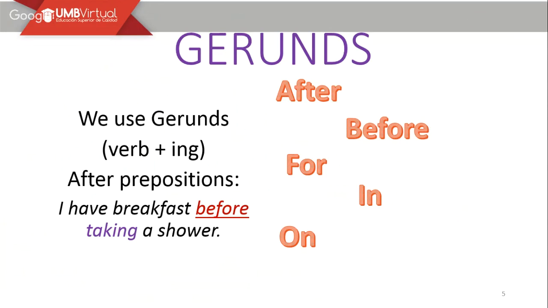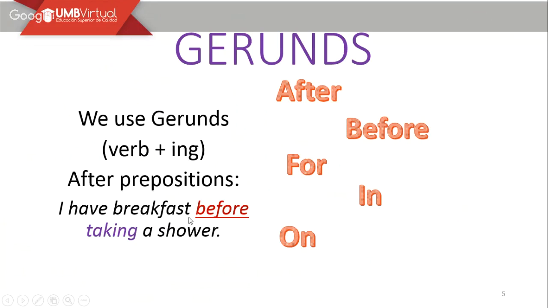Gerunds. Entonces, cuando nosotros tenemos algunas preposiciones, como lo vemos acá, like those prepositions, like after, before, for, in, on, the idea is to place the gerund after the preposition right here. So, verb plus ing after prepositions. I had breakfast before taking a shower.